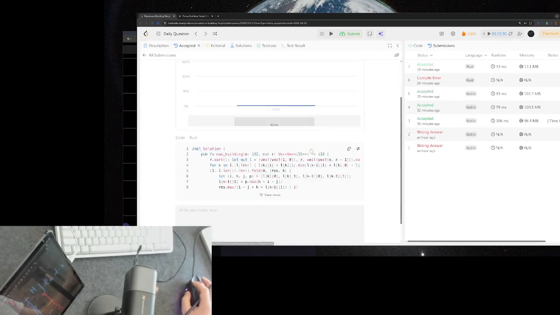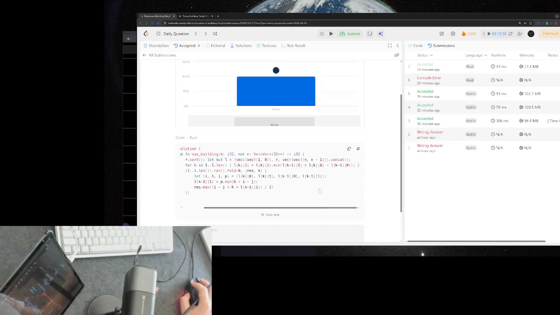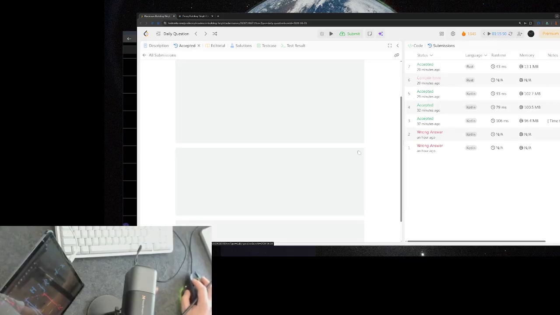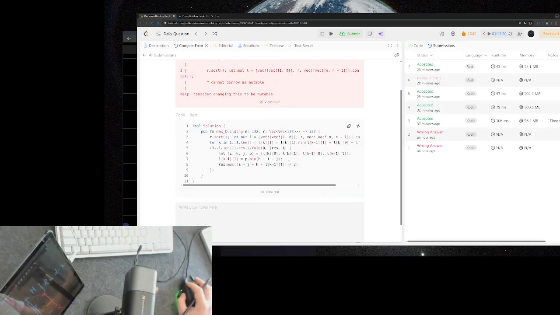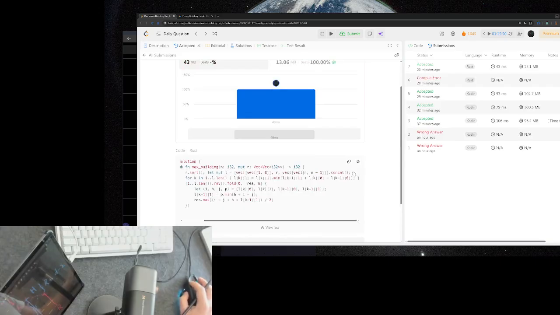Okay, the rest is the same, nothing special. By the way, I prefer this concat, and it looks much better than if you try to do pushing and inserting. But concatenation does copy. Okay, that's it for today.